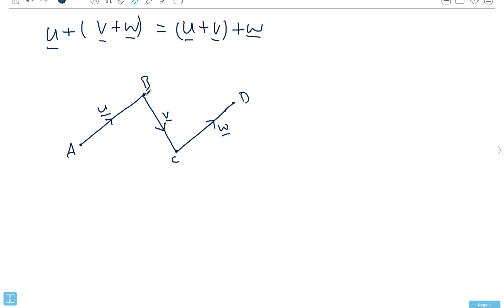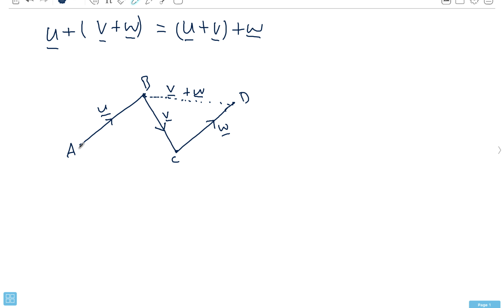Now if I was to use the triangle rule on BD, I would see that using the triangle BCD, this equals v plus w.